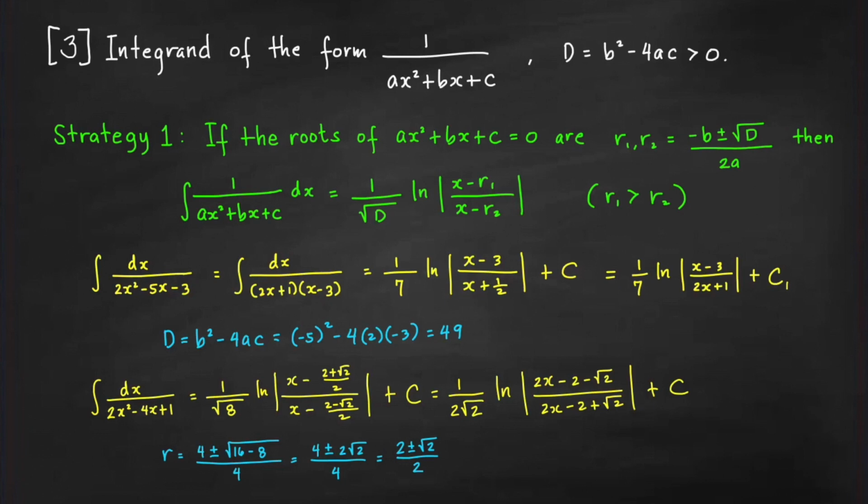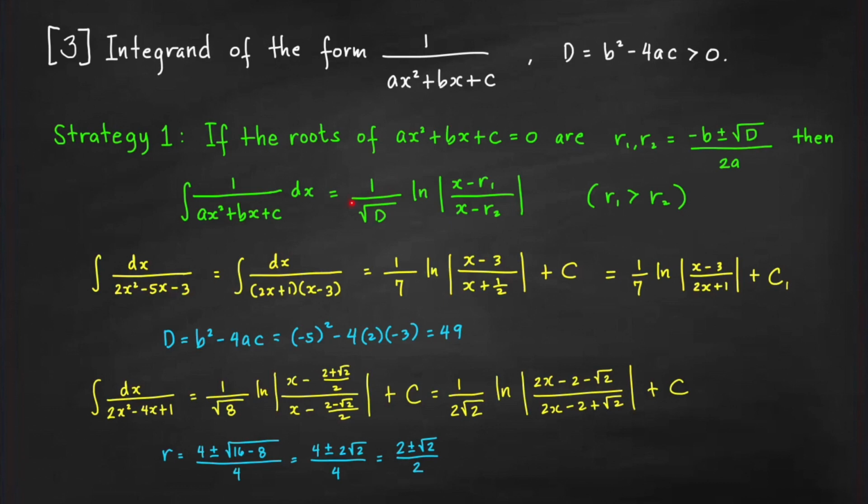Now, let us consider integrals where the integrand is of the form 1 over ax squared plus bx plus c. Again, a is not equal to 0 and the discriminant is positive. The first strategy, if you know that the roots are negative b plus or minus the square root of D all over 2a, is to use this integration formula to evaluate the integral quickly.